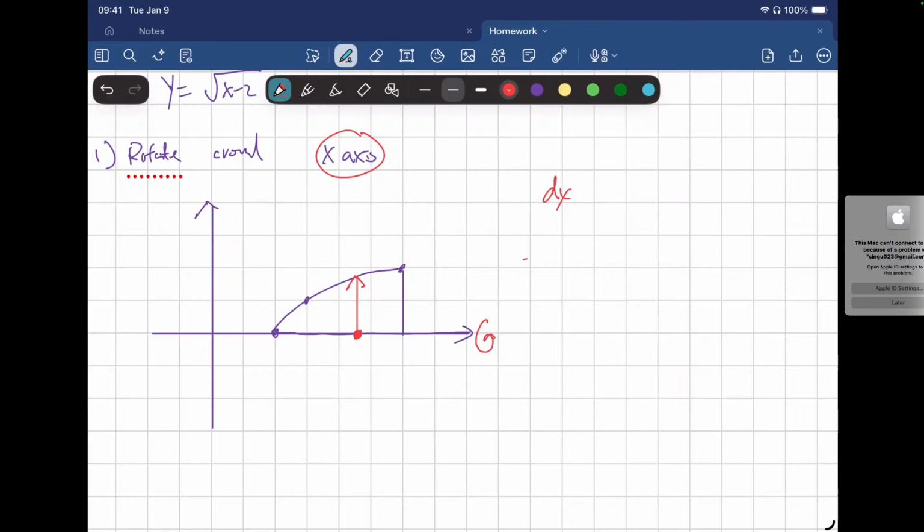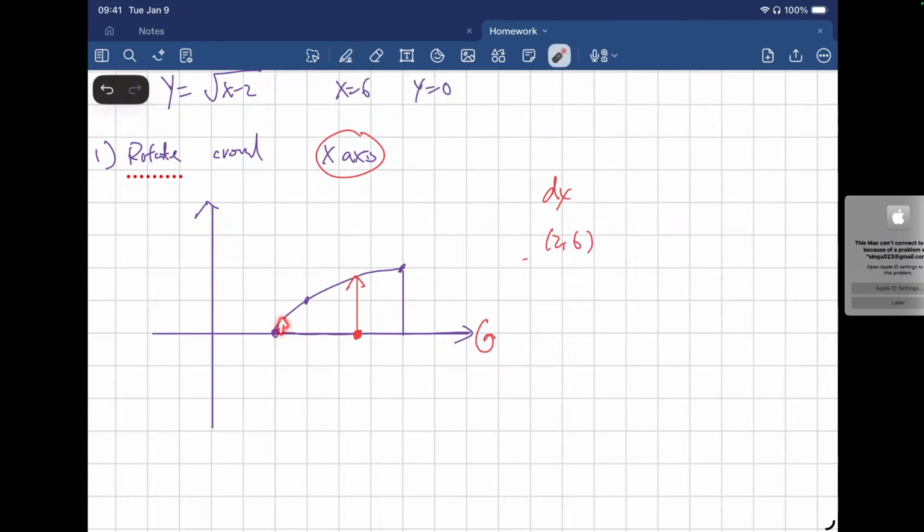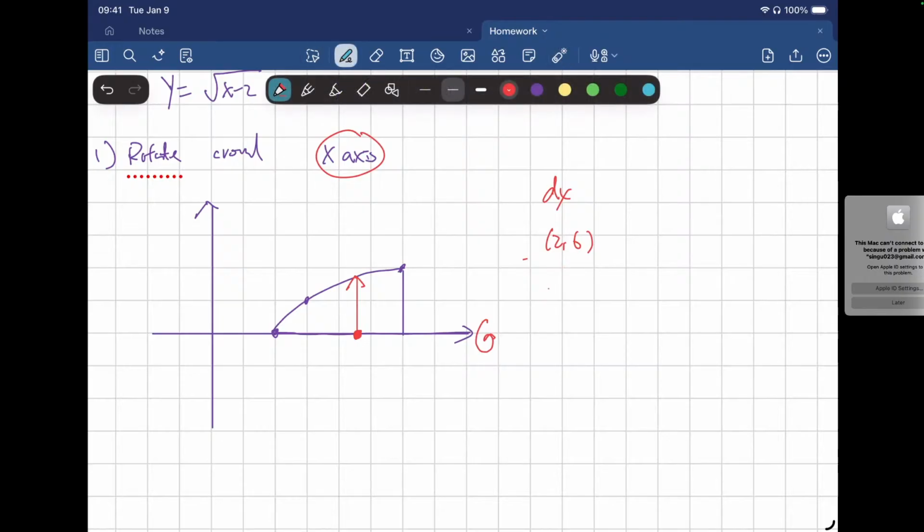But the boundaries are from where to where? Perfect. Do you know why it's 2 to 6? Because you start right here and end right here. Is it disc or washer? It's disc. Yes.